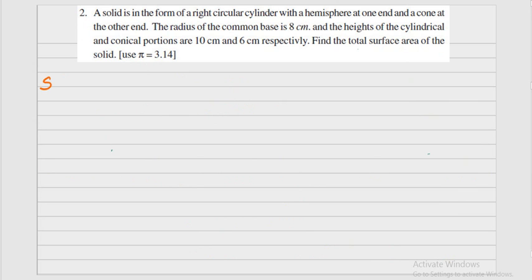When the question changes, we can observe different types of conditions here. This is a solid in the form of a right circular cylinder with a hemisphere at one end and a cone at the other end. So for this particular thing, we are having a cylinder.